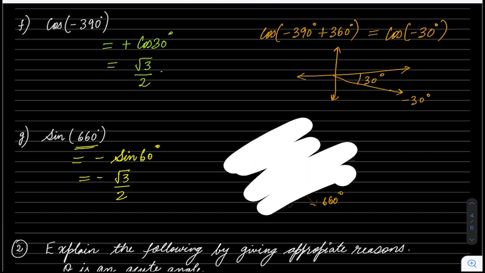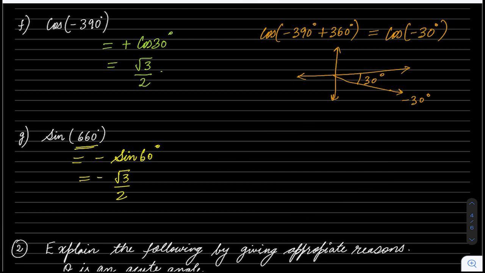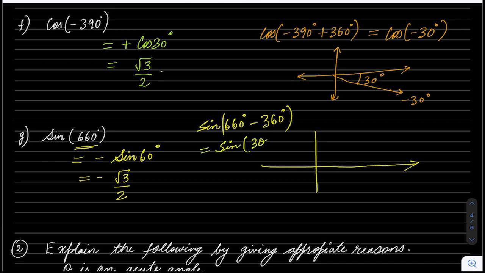Now let's solve this using our second method. What's our second method? The second method is, we will add or subtract 360 to make it simpler. So sine of 660 minus 360, to make it a smaller angle, so I will get sine of 300 degrees.